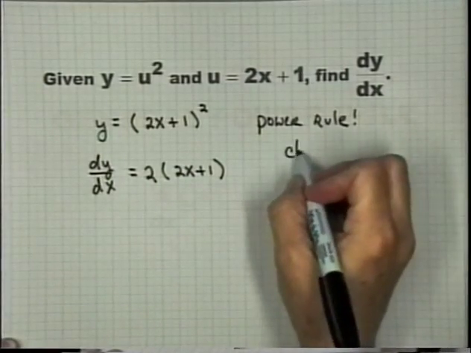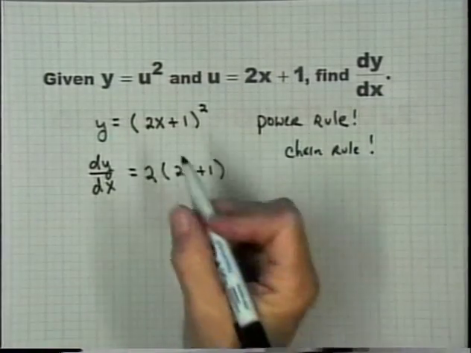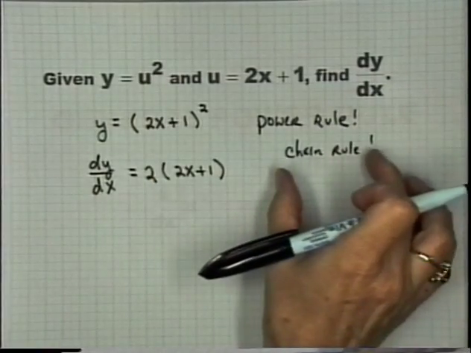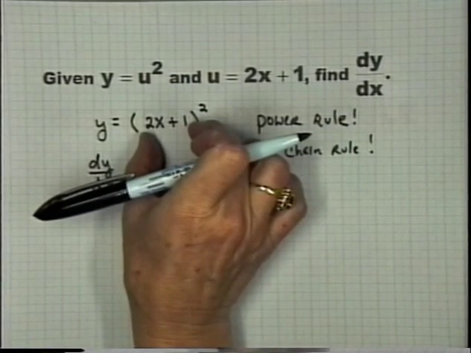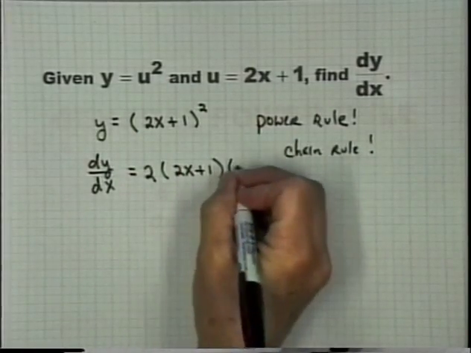Now here is where the chain rule comes in. Because this was more complicated than a simple x, the chain rule says find that derivative of that inside function. So the derivative of this inside function, in other words, the derivative of 2x plus 1, would be a 2.